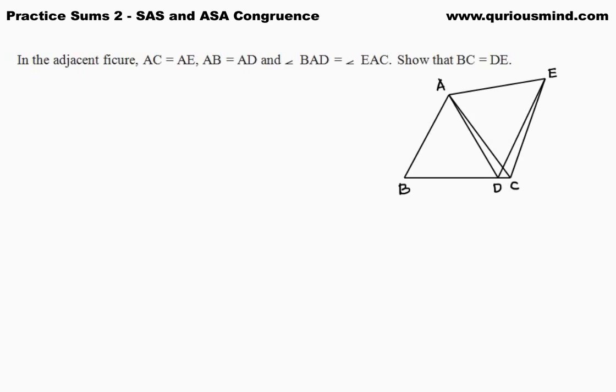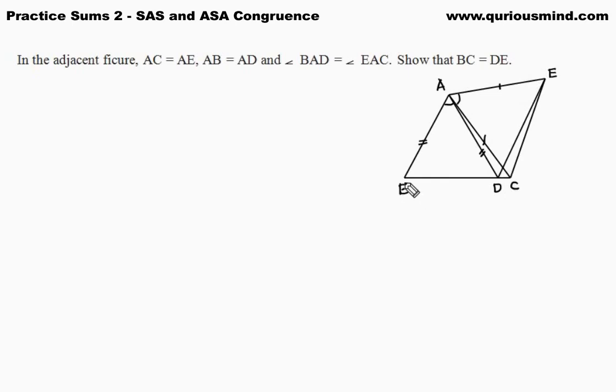So the given here are AC is equal to AE, so this is equal to this, and AB is equal to AD, and angle BAD is equal to angle EAC, and we are to show BC is equal to DE.